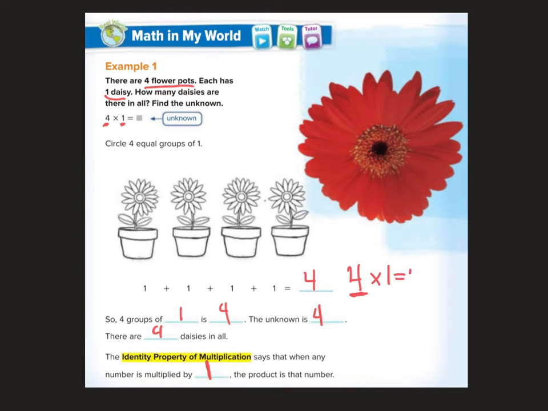It's itself. It's 4. Okay, so any number multiplied by 1 is going to be itself. 128 times 1 is 128. 1,596 times 1 is 1,596, right? Doesn't change. So that's our identity property of multiplication.